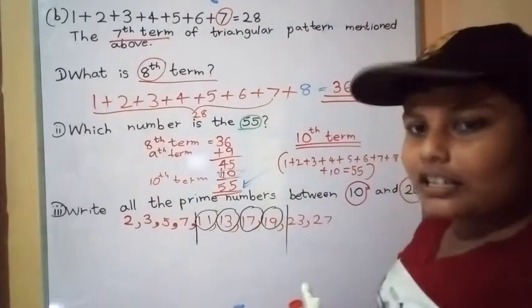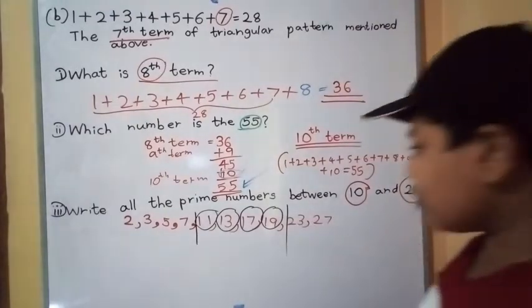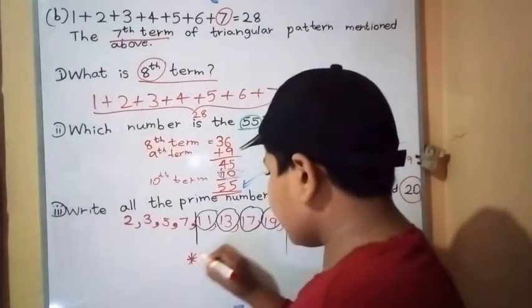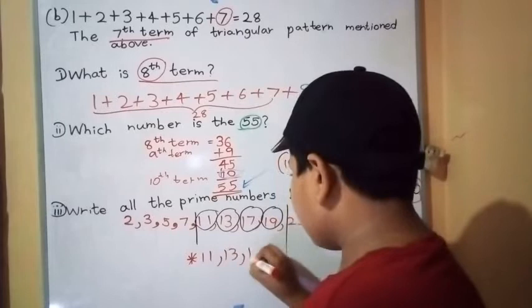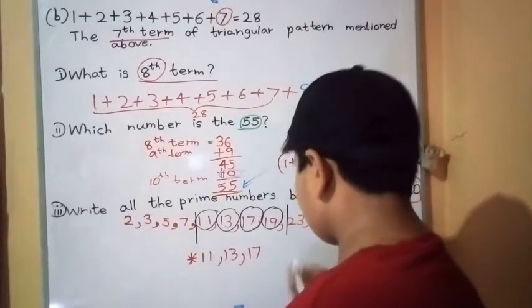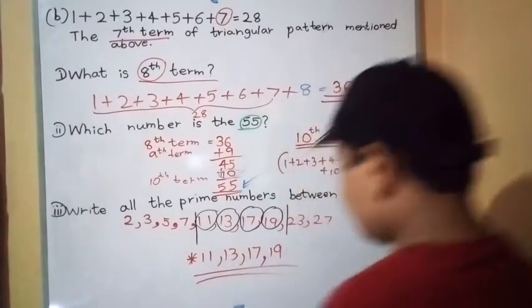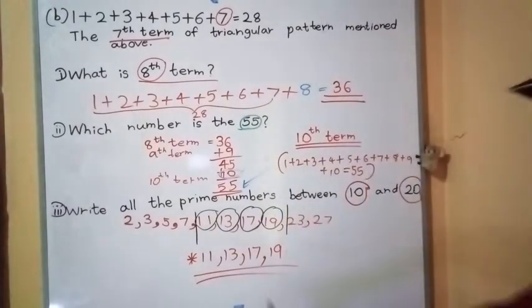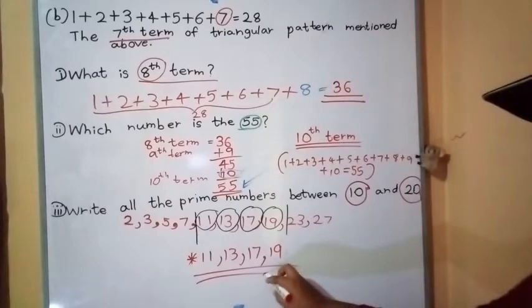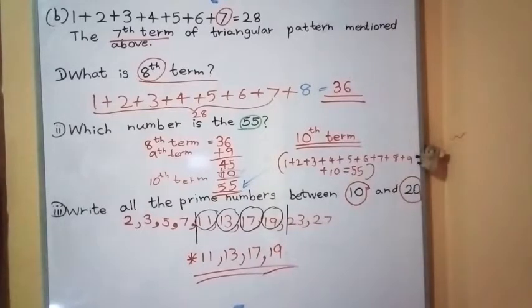Now what are the answers? You can write the answer like 11, 13, 17, 19. Right? 11, 13, 17 and 19 you can get.